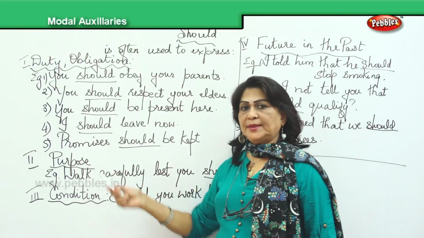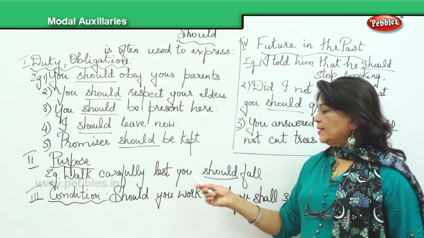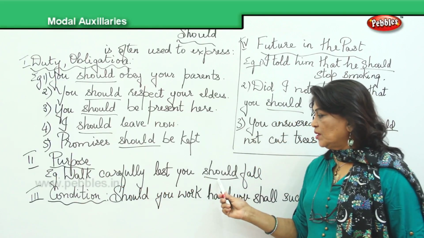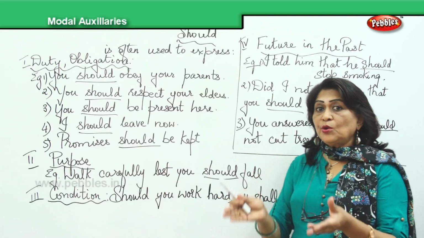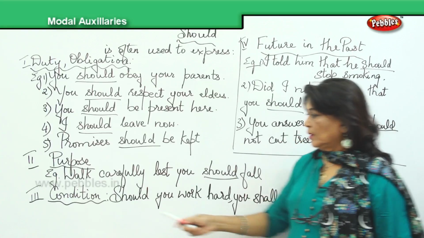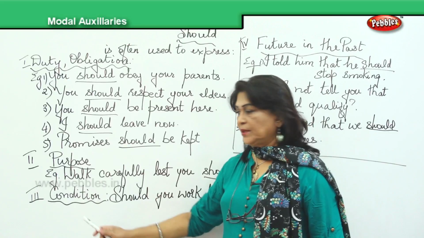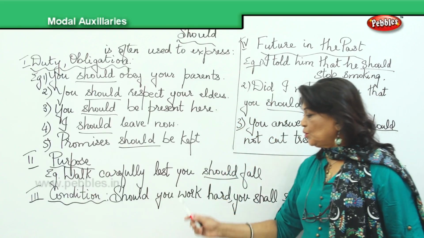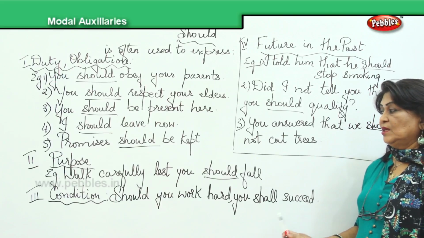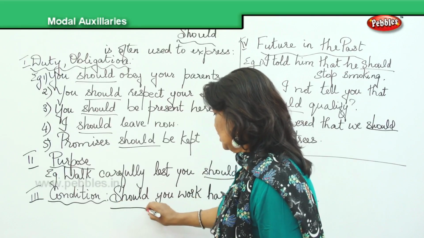Next one, purpose. Walk carefully lest you should fall. So, should here is used to denote a purpose in you walking slowly. Third example, condition. Should you work hard, you shall succeed. Should you work hard? That is, if you work hard.